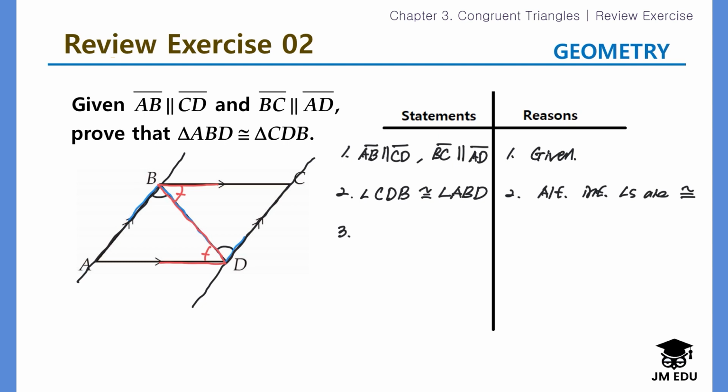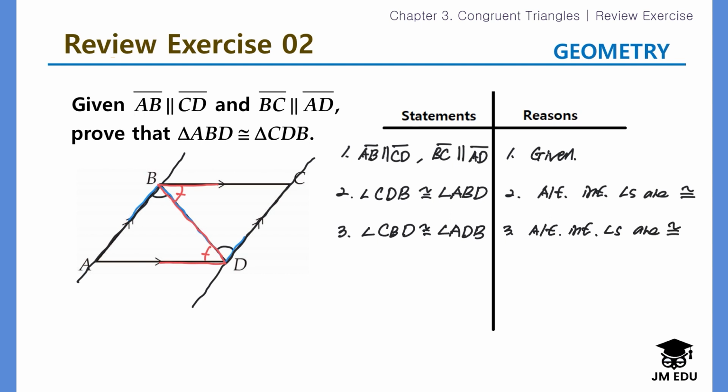When two sides are parallel, alternate interior angles are always congruent. So we can write angle CBD is congruent to angle ADB. The reason, they're also alternate interior angles are congruent.